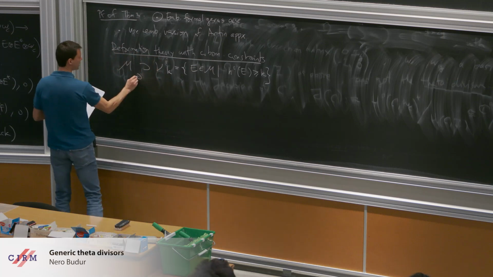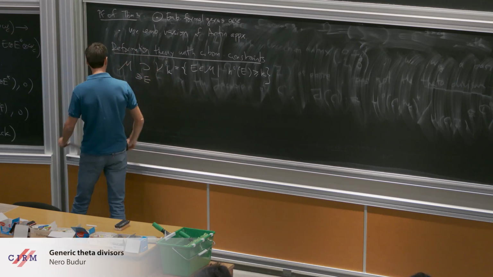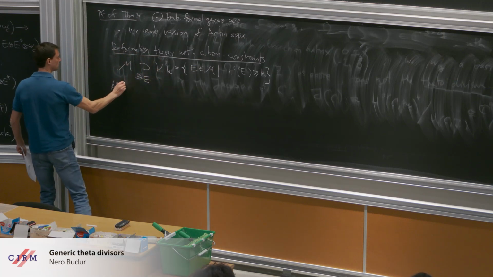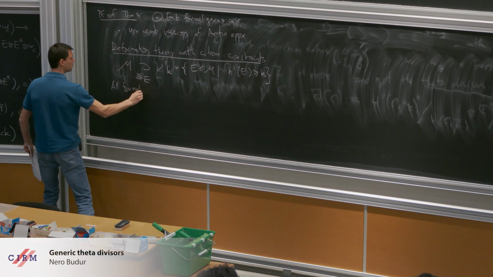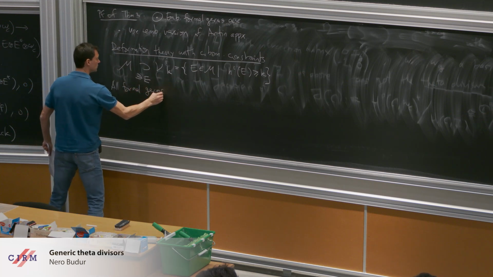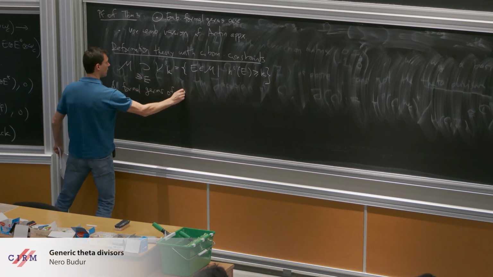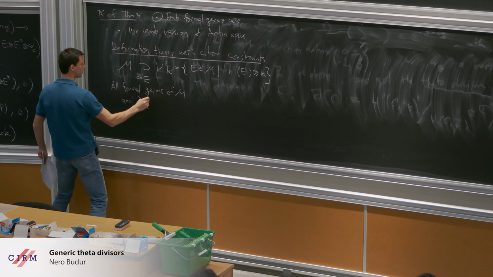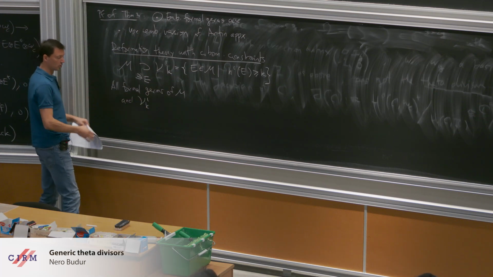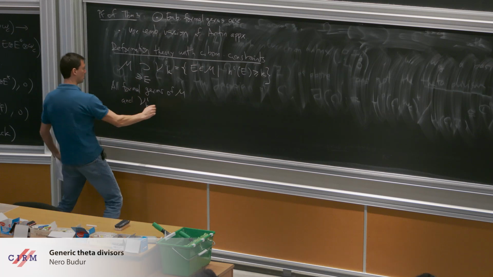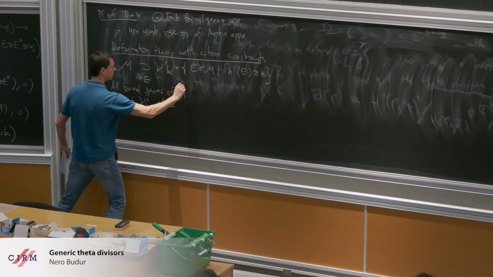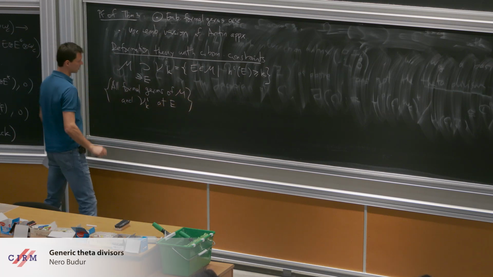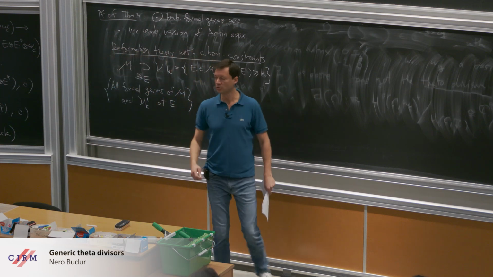And we have a point E here. So we want to understand all formal germs at once of M and the V^i_k, so in the embedded situation with their inclusions and so on, at E. That's the deformation problem with cohomology constraints.